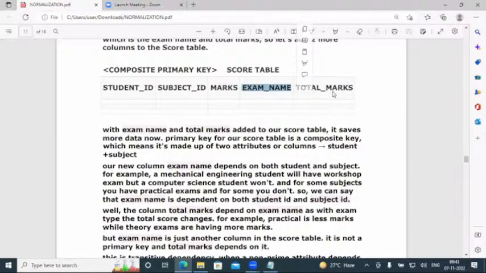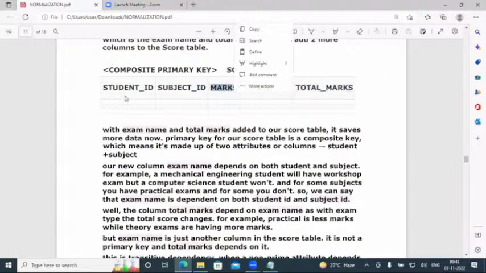Examination name also depends on student and subject, so this is also a dependent column. But come to total marks. Total marks depends on what: marks, examination name, or student and subject? Not on student and subject, not on examination name.